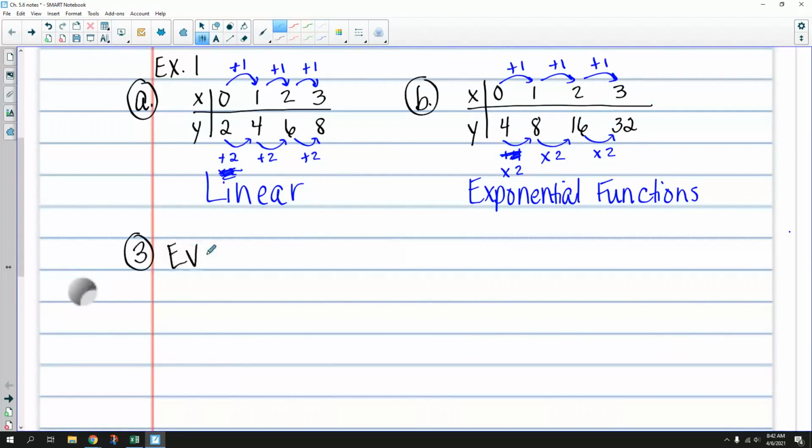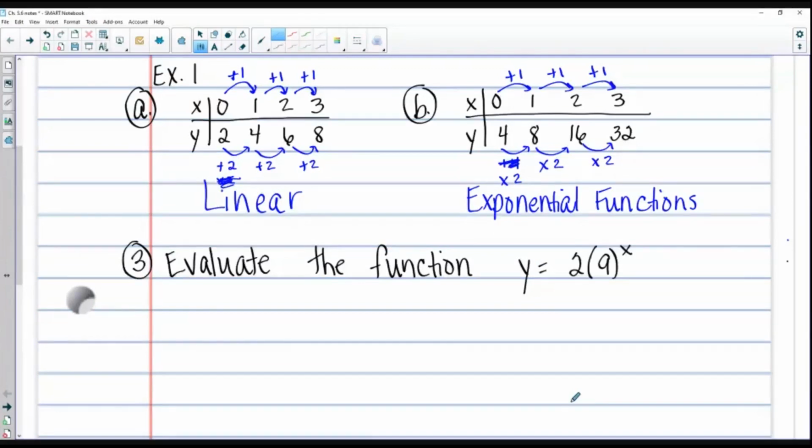It says to evaluate the function y equals, and then it says when x equals -2, 0, and 1/2.